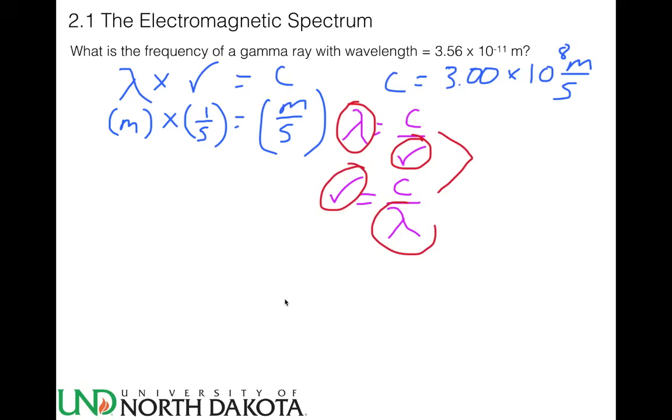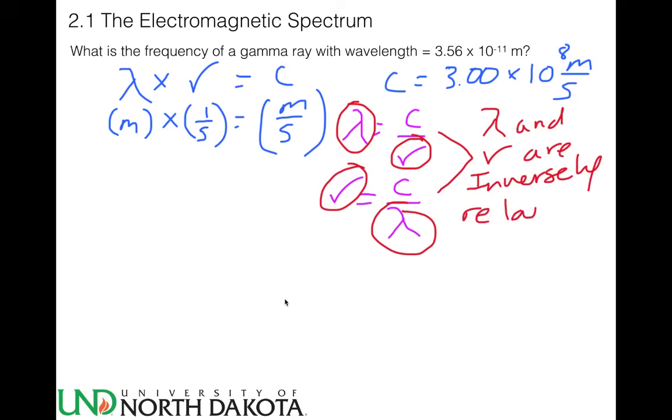They're related by the constant, the speed of light. So as wavelength increases, frequency would decrease, as shown by this equation, or as frequency increases, wavelength would decrease, as shown by this equation.